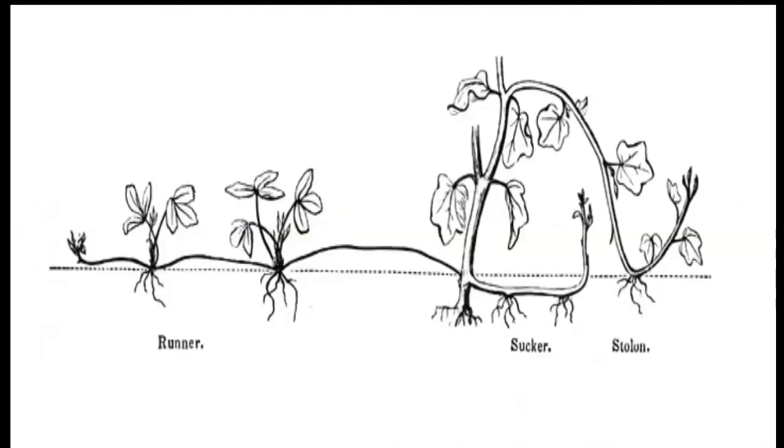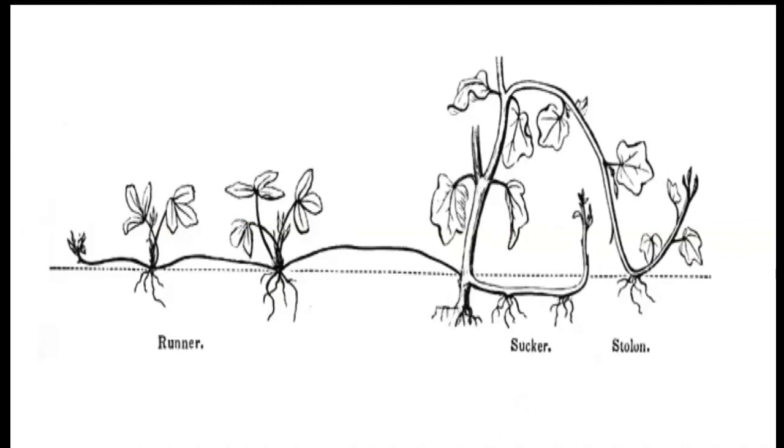So this will make it a bit clear that the runner usually moves along the surface of the ground, and it will have root and stem at each node. But a sucker tends to grow below the surface of the ground, below the surface of the soil, and the tip arises a bit of a distance away, and it may have more nodes in the below-ground part without any leaf.